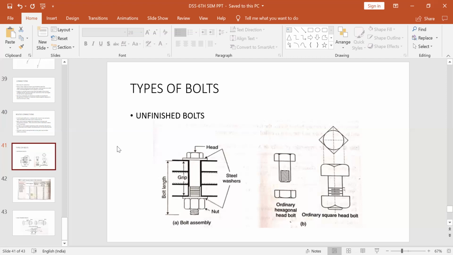The second criterion is on the basis of type of force. The connections are classified as shear connections when the load transfer is through shear, like in lap joint and butt joint. Okay, so we'll understand the kind of joints that are used in bolting, riveting, and welding.